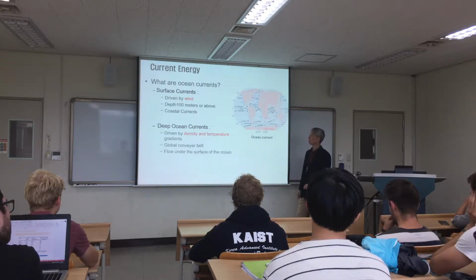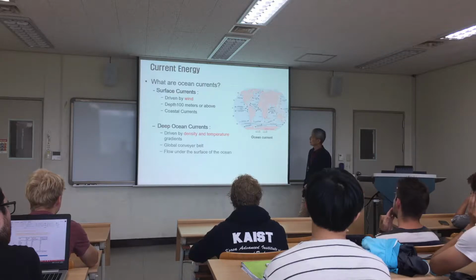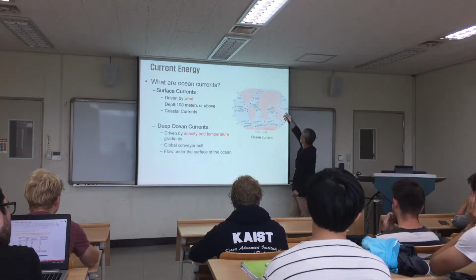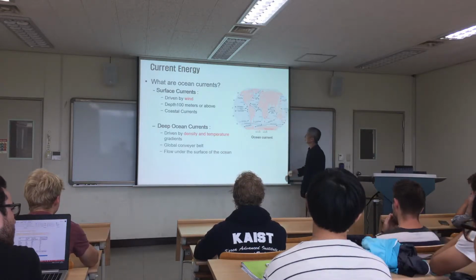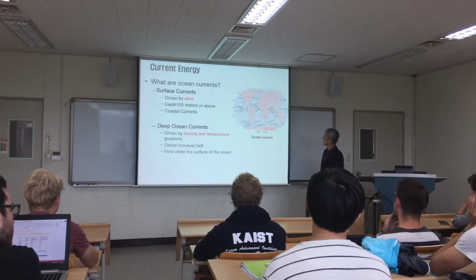It can be measured, but it is not easy to make a map like this one. And surface current is driven by wind, and so there are coastal currents. So near the Korean peninsula and Japan, the Kuroshio current is very famous, and they are saying this is strong.